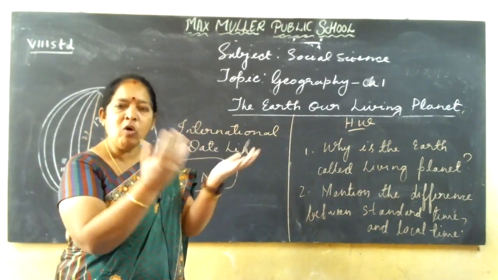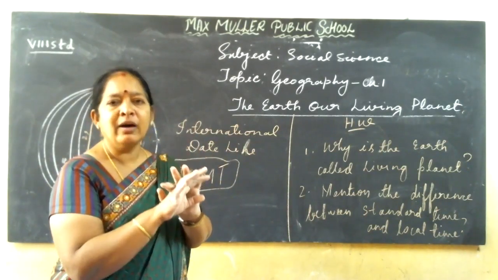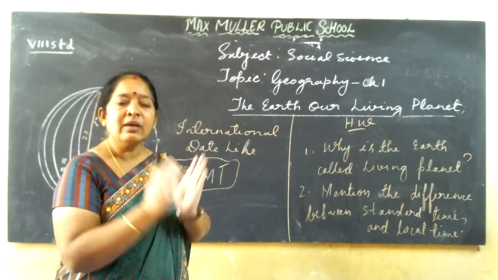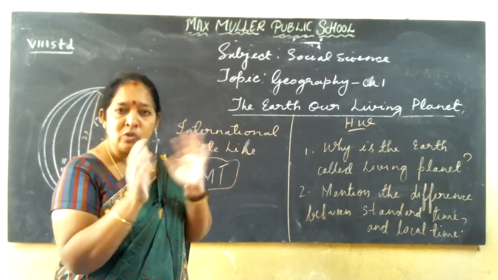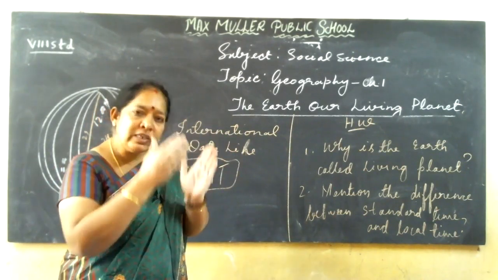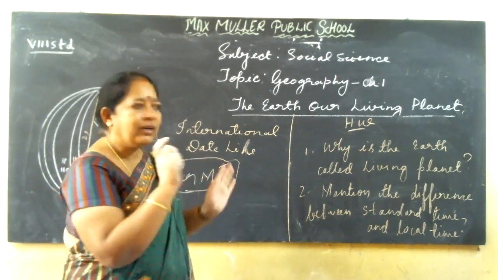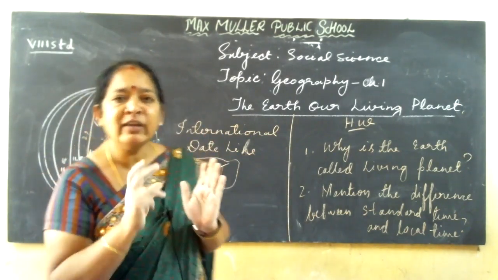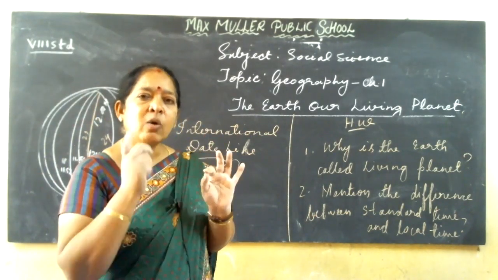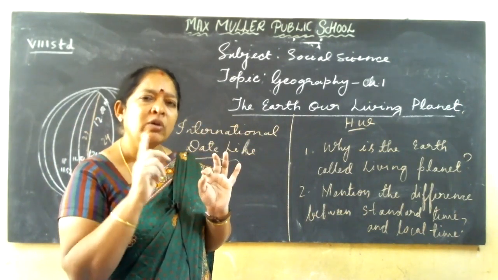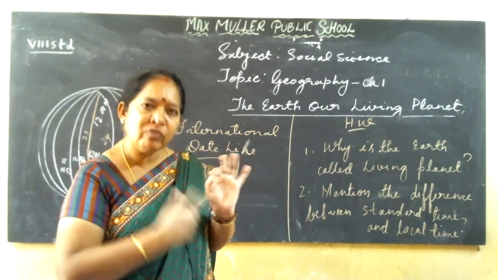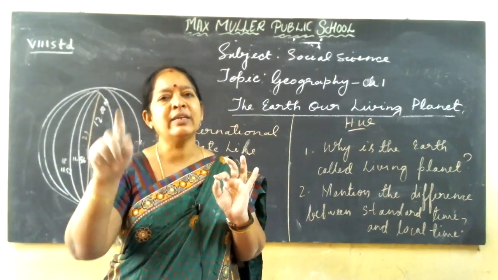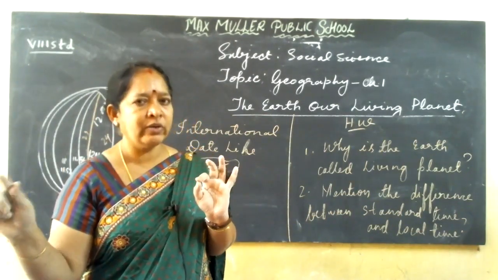Then all these 360 longitudes are made zone-wise. There are 24 zones, and in each zone there are 15 longitudes. So 24 into 15 is 360 longitudes.